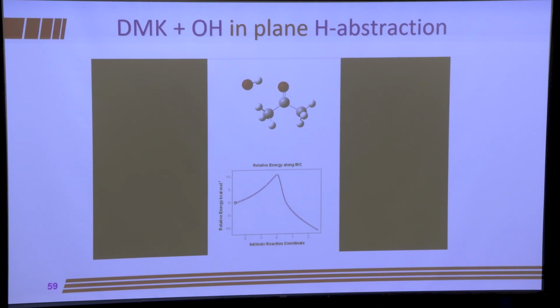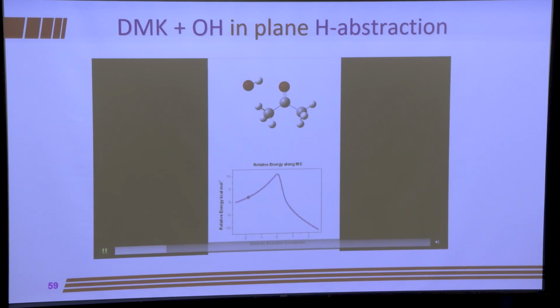Okay, so if I just play it. Look at the point on the graph and look at what's happening above, and you'll see the hydrogen, and then it moves over to the OH. Okay? And that depicts this reaction coordinate. So each point along the curve there is the energy that the system has.